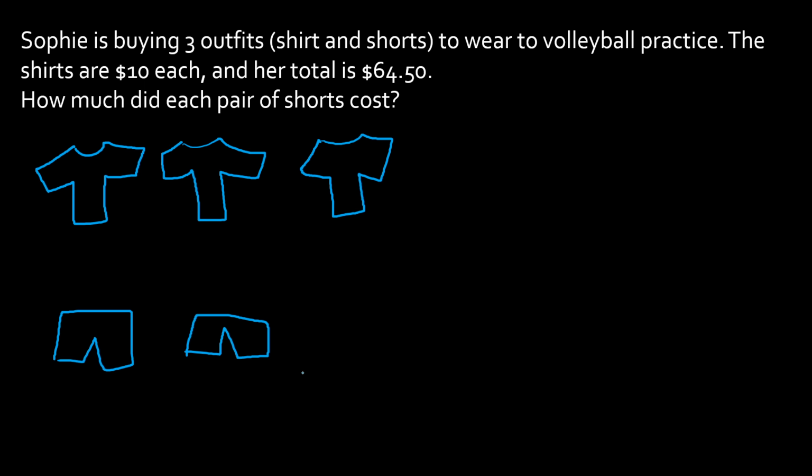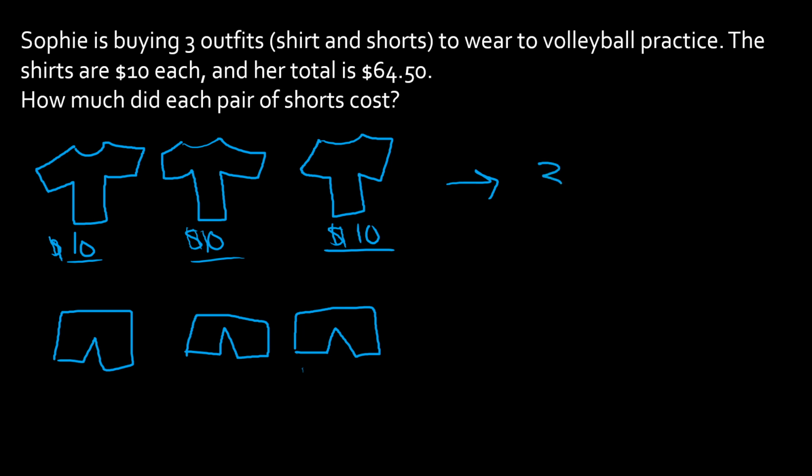There we go. Okay. Each of the shirts are $10. So she pays $10 for this, $10 for this, and $10 for this. So just on her shirts alone, 10, 20, 30, she spends a total of $30, okay? She pays a total of $64.50.